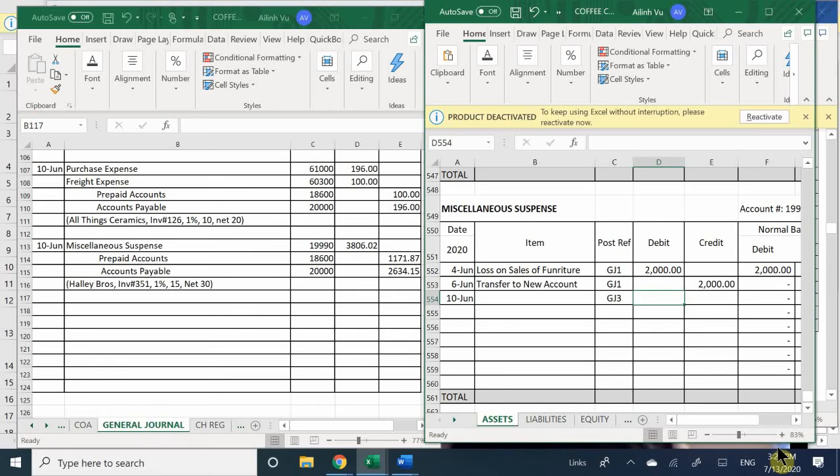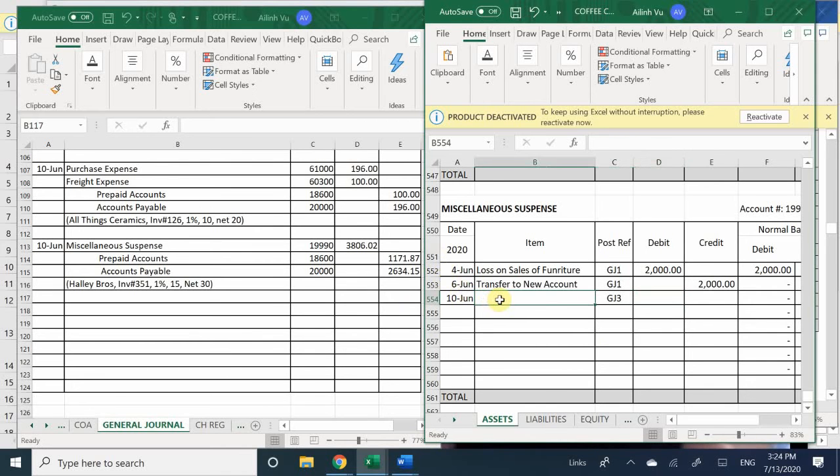And we're going to credit it, right? Anything that you copy in your journal is going to reflect in your ledger. So here we're going to subtract the 1171. Wait, what am I doing? Wrong one. We're debiting the 3,806. Okay, my bad.